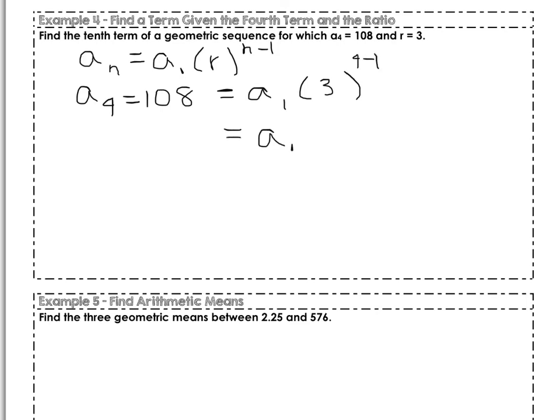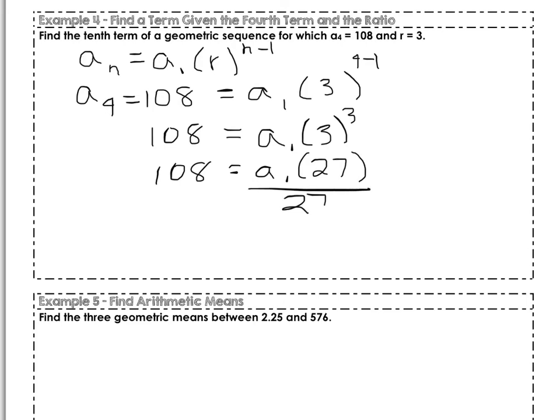So then we have 3 to the power of 3. 108 is equal to a1 times 3 to the 3rd power, which is equal to 27. So I'm now going to divide both sides by 27. And 108 divided by 27 gets me an a1 term of 4.